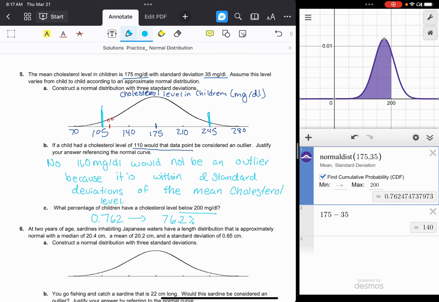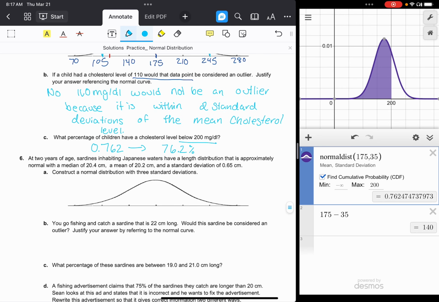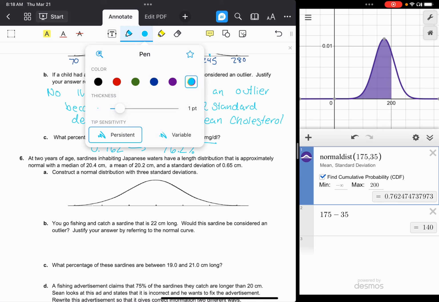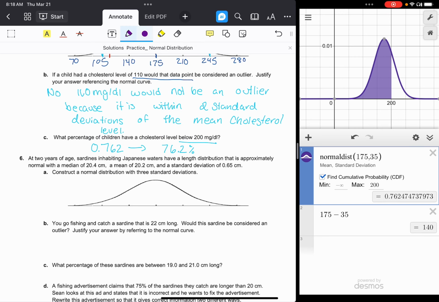76.2%. All right, last but not least, 2 years of age, sardines inhabiting Japanese waters have a length distribution that is approximately normal, with a median of 20.4 centimeters, a mean of 20.2 centimeters, and a standard deviation of 0.65 centimeters. Create our normal distribution.